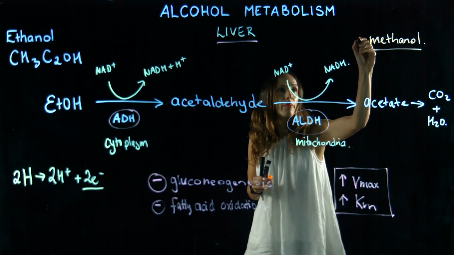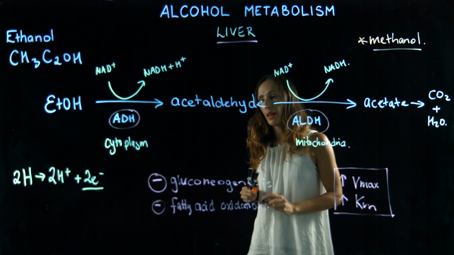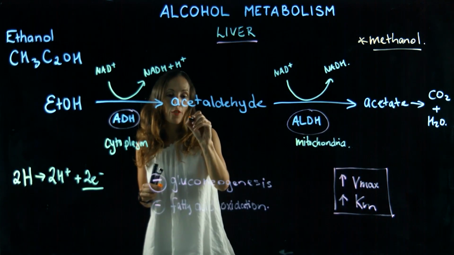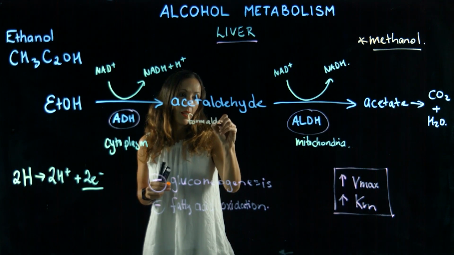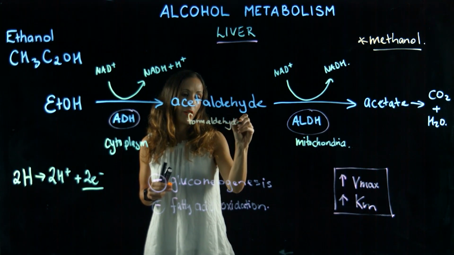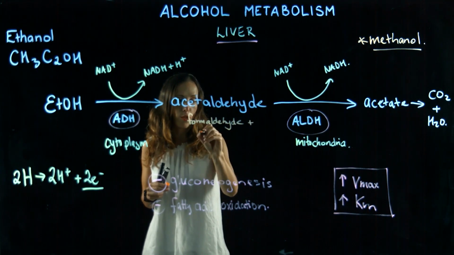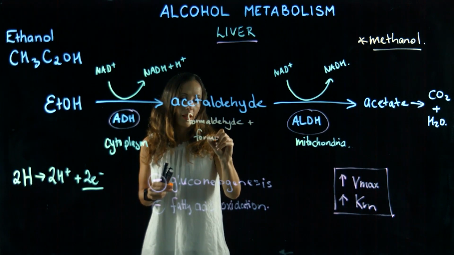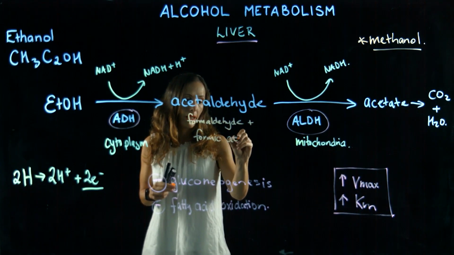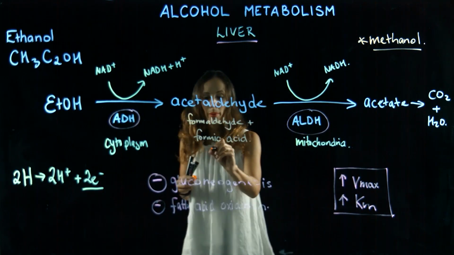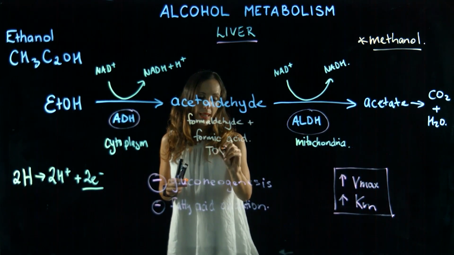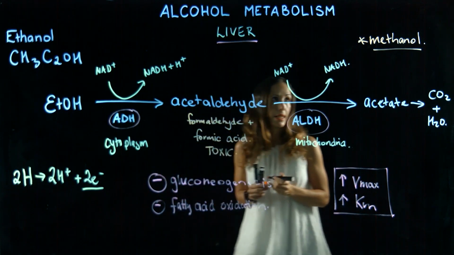But when we have methanol being broken down, the product here is formaldehyde. You've probably known that formaldehyde and also formic acid are very toxic, and if we have an amount of this being built up, that can cause death and it can cause blindness.